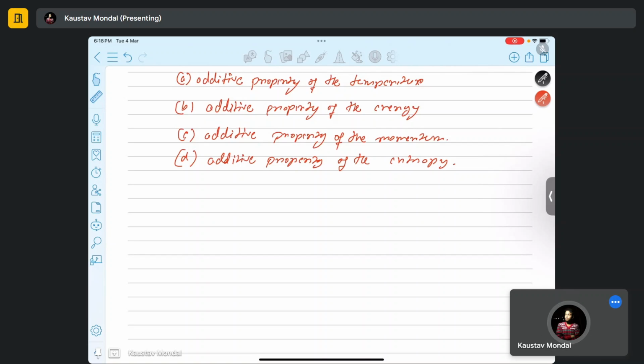So these are the four options that are given.